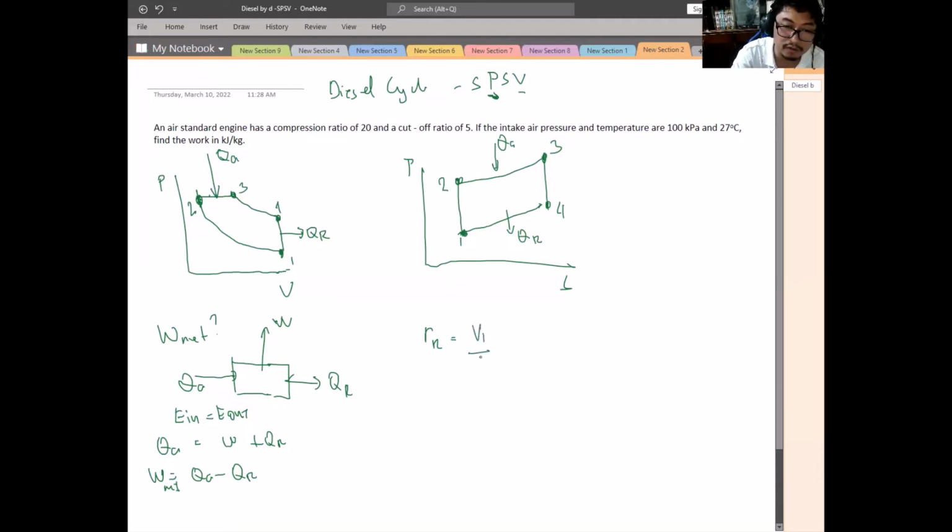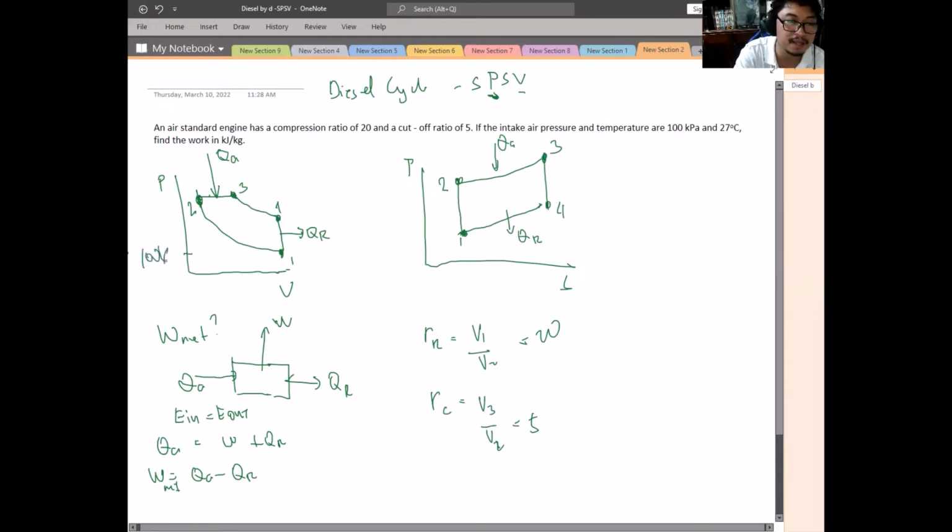That is the volume compressed, so V1 over V2, a ratio with the higher value in the numerator, equals 20. We also have the cutoff ratio rc, from 0.2 to 0.3, so V3 over V2 equals 5. The given pressure at point 1 is 100 kPa at 27 degrees Celsius, which we label on the diagram.